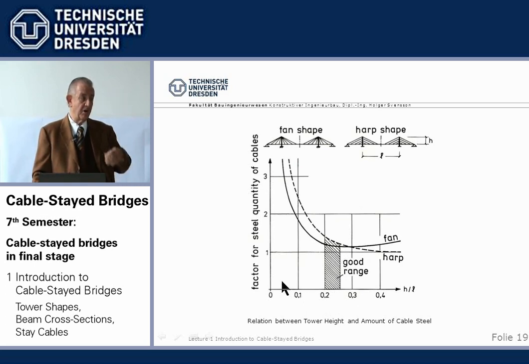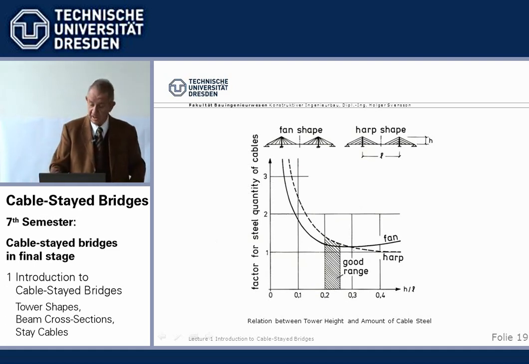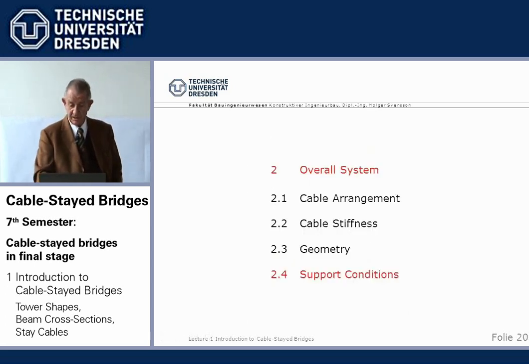So you will always find it's a rather flat curve. You will find the tower height above deck comes always to about 1/5 of the main span. Now, we know already side span to main span 0.4, tower height 1/5, so we can start designing a working cable-stayed bridge.